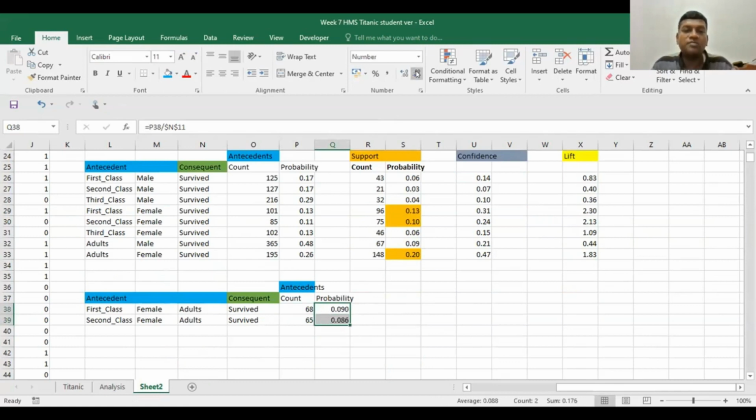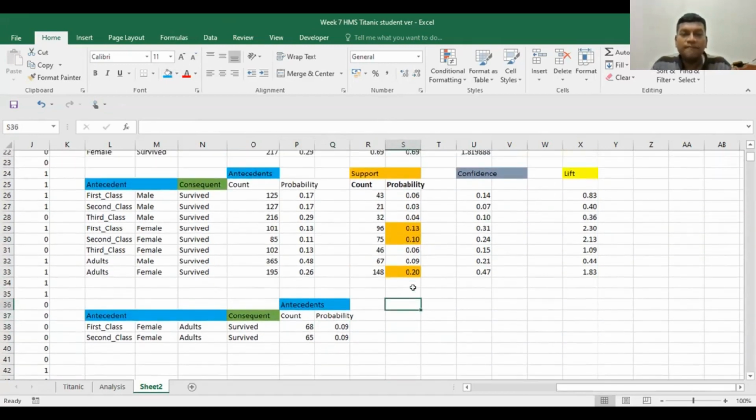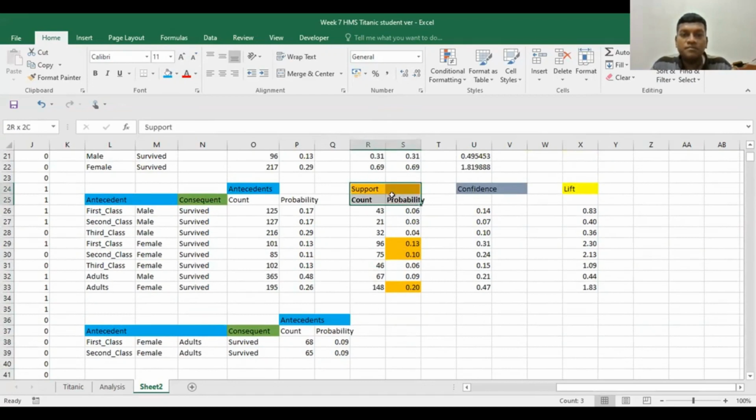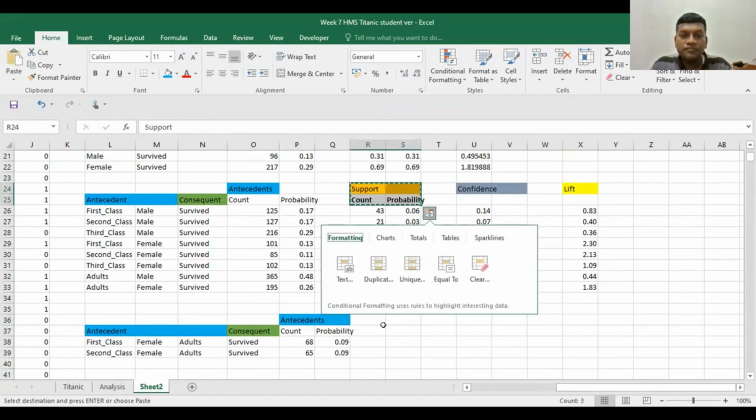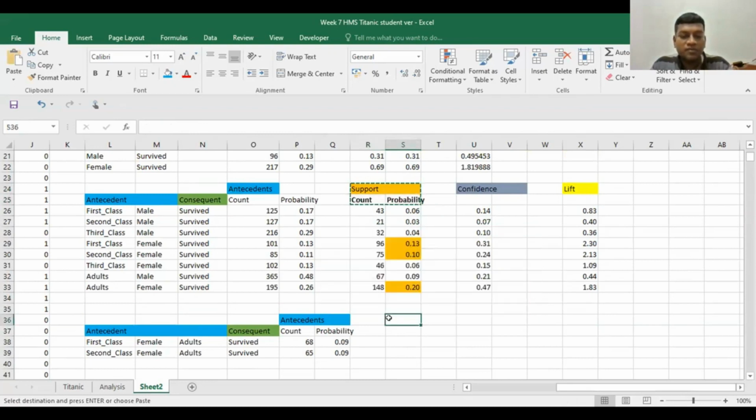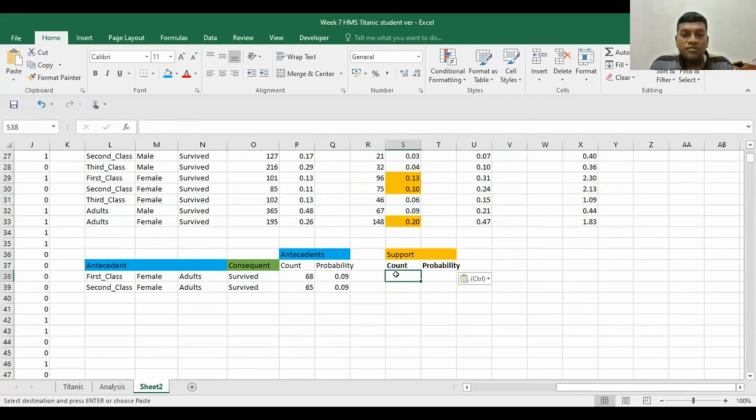So you see that the probability is actually dwindling down quite rapidly. Okay, this is antecedent support. Control C, Control V. Support is essentially the same thing.